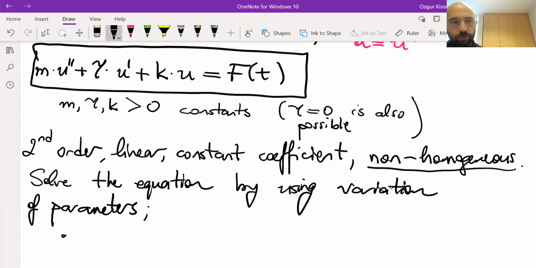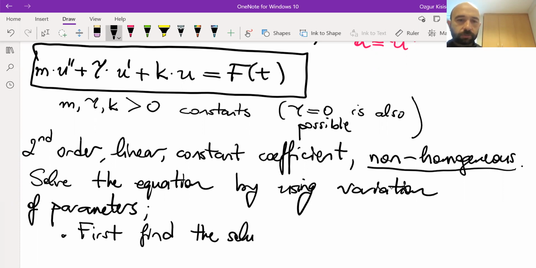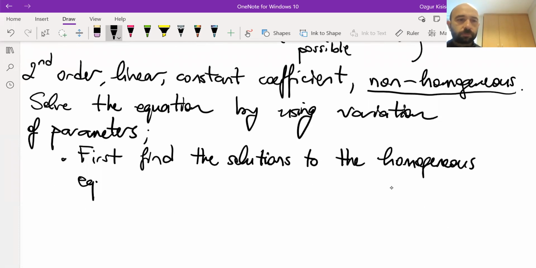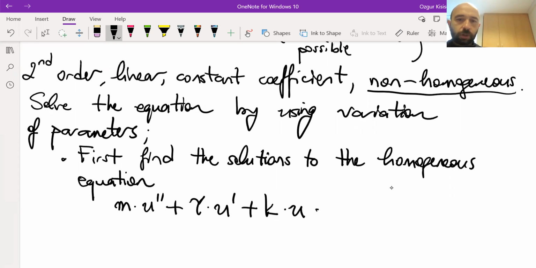So you would need to first find the solutions to the homogeneous equation, m u double prime plus gamma u prime plus k u equals 0.